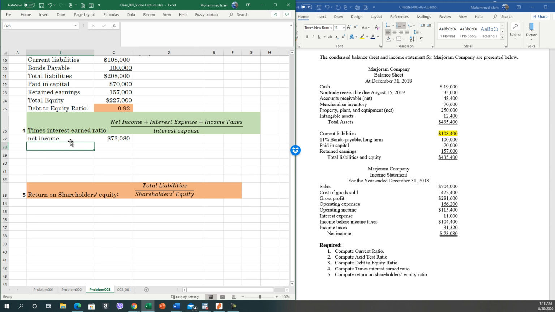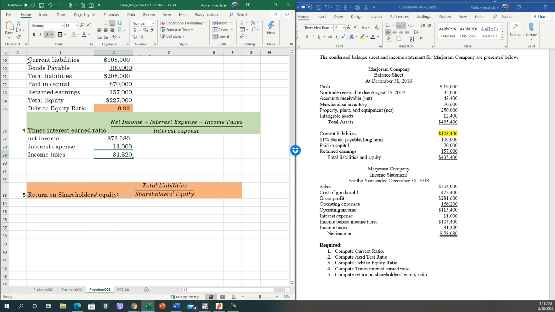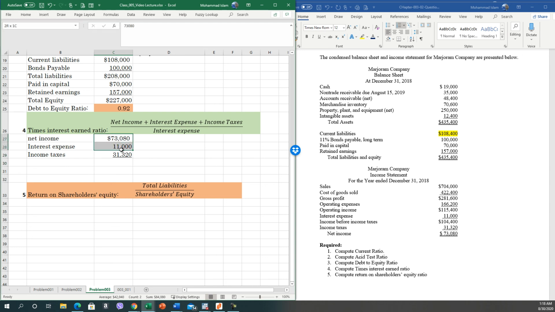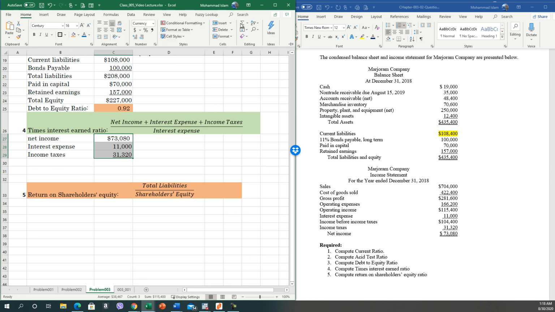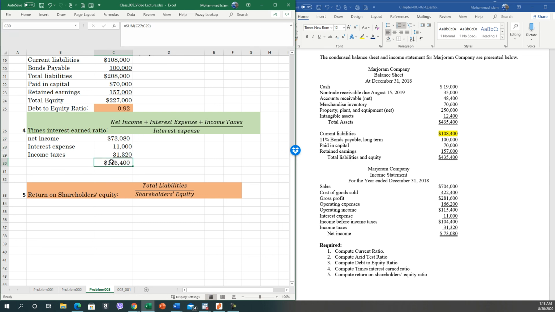Then we have interest and income taxes. We have interest expense of 11,000, and then income taxes total we have 31,350. Okay, and now let's do the auto sum of this one.